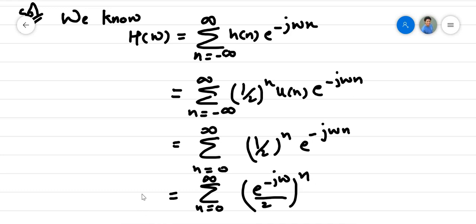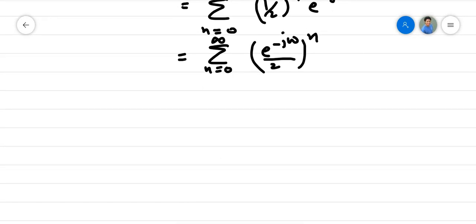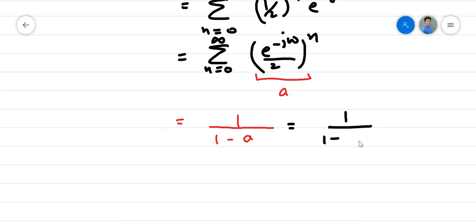Now this particular equation is nothing but an infinite geometric series where this term is a, so it will be equal to 1 over 1 minus a. That is equal to 1 over 1 minus e^(-j omega)/2.